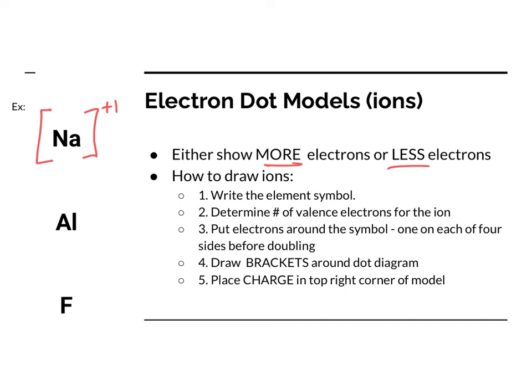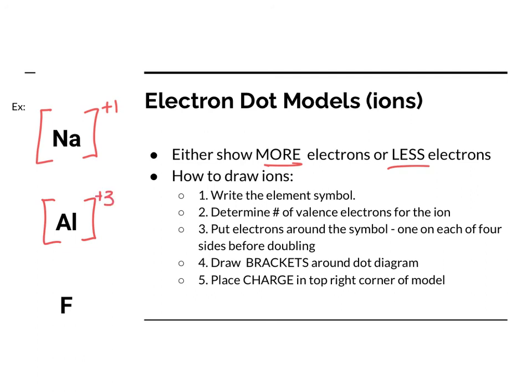Aluminum, remember, is going to have 3 valence electrons as an atom, but since aluminum is going to lose those 3 electrons, technically it's going to have 0 in its outer shell, or it's going to shrink its outer shell. So we're going to put the brackets around it and give it its +3 charge.